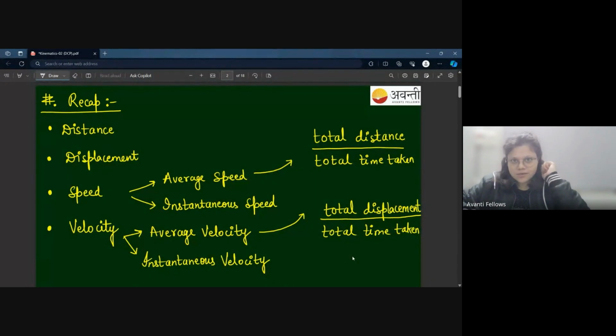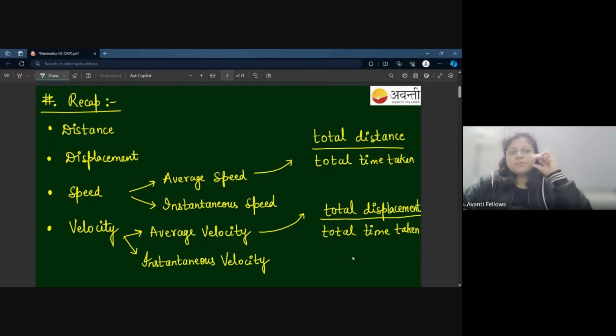average and instantaneous. I believe I told you this in the last class, that whenever you have a duration of time, always go with the average. Whenever you have a statement like this, from t equals 0 second to t equals 2 second or something like that, so basically you have a duration.